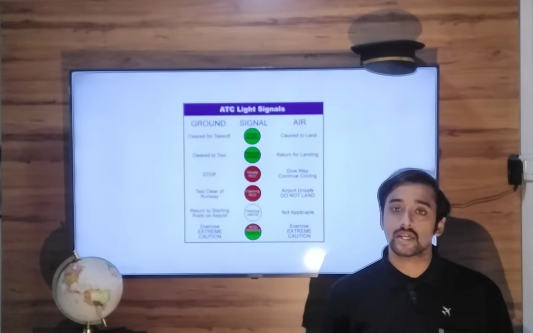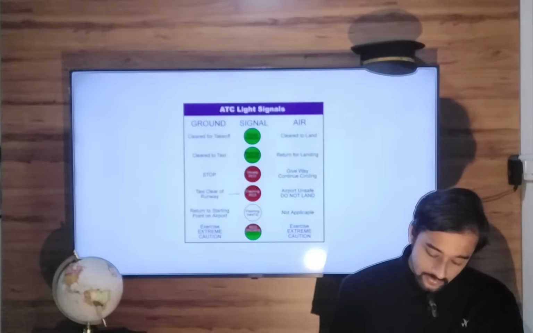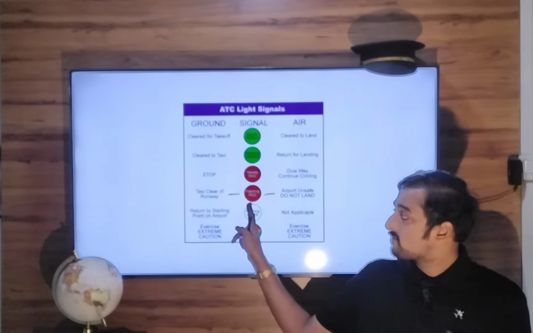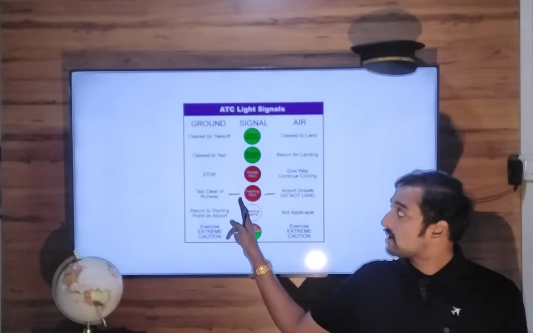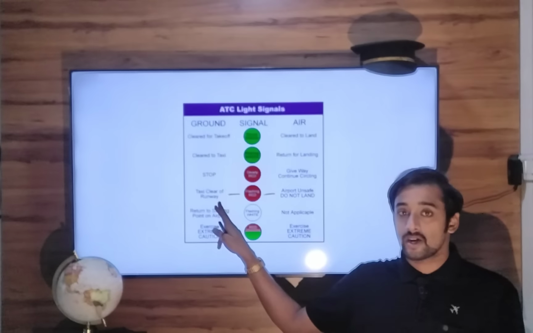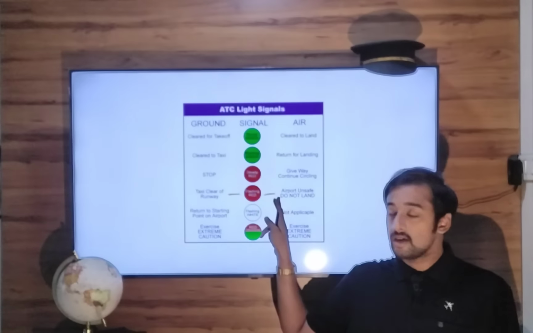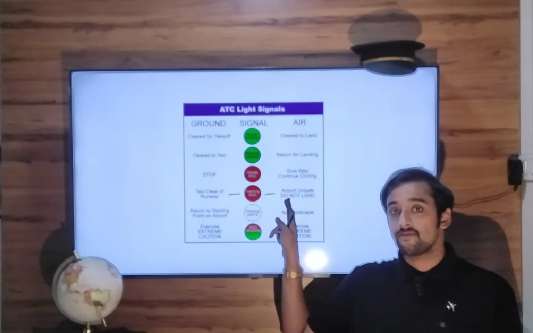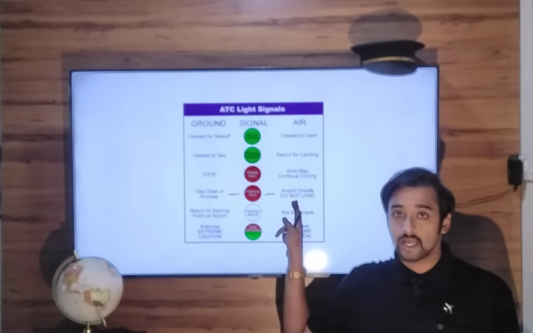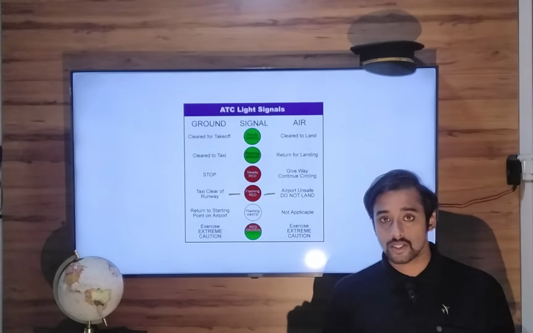Now let's focus our attention on red flashes. When you are receiving a flashing red light from ATC and you are on ground, that means taxi clear of runway in use. When you receive red flashes in air, that means airport is unsafe, do not land, continue circling.